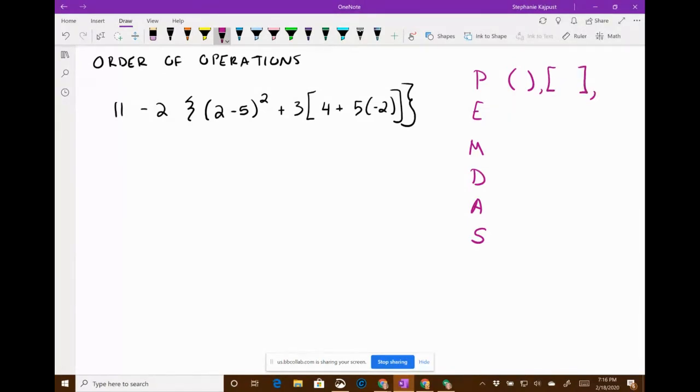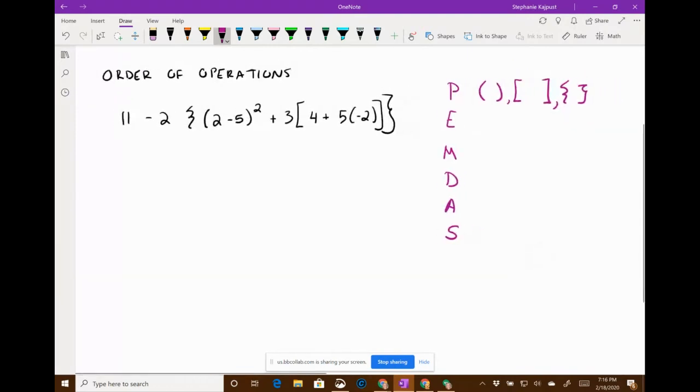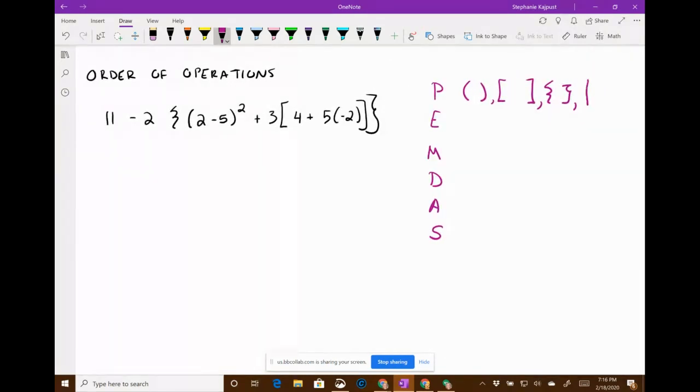So if you have brackets, curly braces, or absolute values, which are straight lines and different from brackets, those are all grouping symbols under the P. And when you work those, you always work inside out.